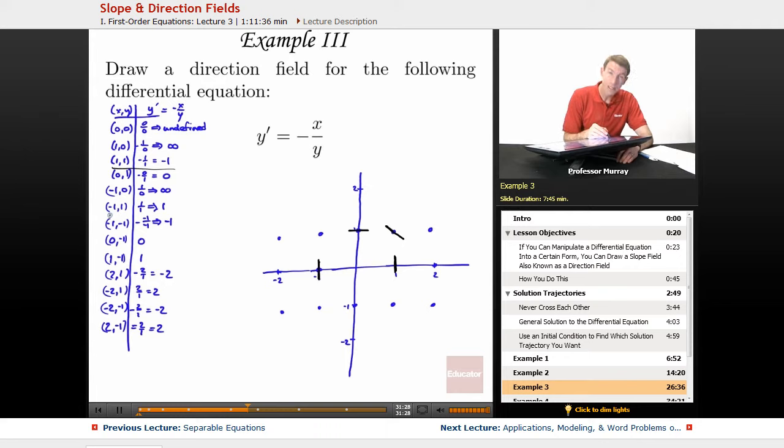Negative 1, 1 gives me a slope of 1, so there's negative 1, 1. And 0, negative 1 gives me a slope of 0. 1, negative 1 gives me a slope of 1. Looks like I forgot negative 1, which gives me a slope of negative 1.